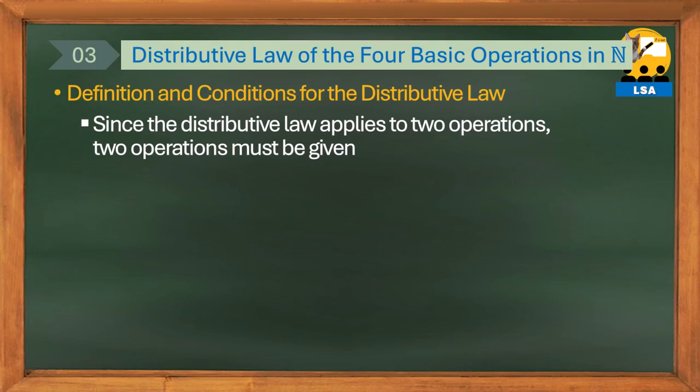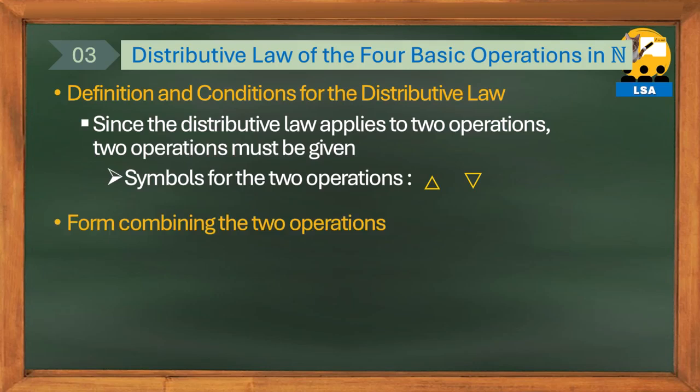To define the distributive law generally, we will represent the operation symbols of the 2 operations as a triangle and an inverted triangle, respectively. When 3 elements of a given set, A, B, and C, are combined with the 2 operations in the following form, the distributive law can be defined.